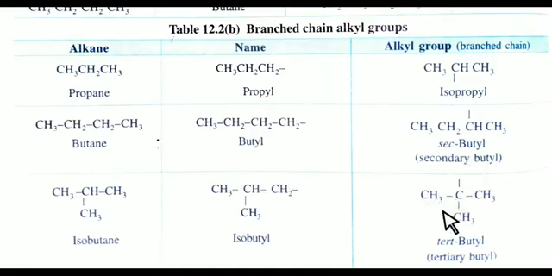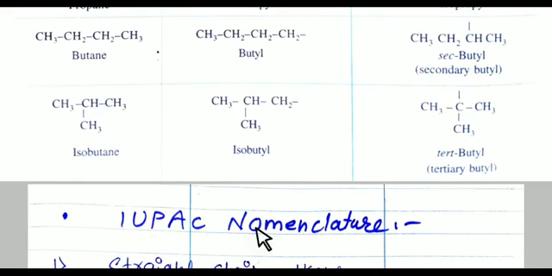If one carbon atom is attached with 3 carbon atoms, it is tertiary, and one hydrogen is less from butane, that's why it is butyl. And the structure is tertiary butyl, and this structure is isobutyl. So these are the alkyl groups. Alkyl group means one hydrogen is less from the alkane.